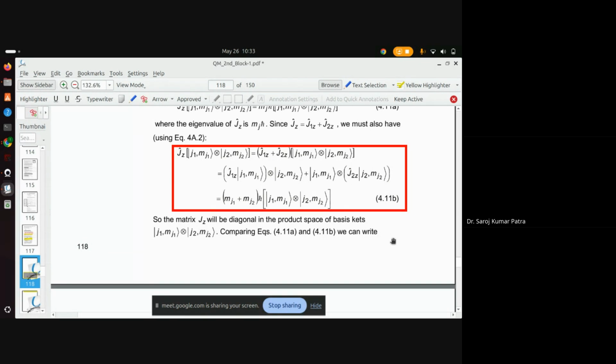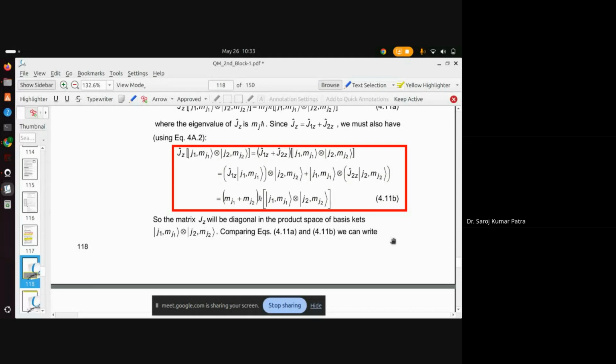All right. तो j square का वैल्यू क्या होगा, आइगन वैल्यू क्या होगा, j into j plus 1 h cross square, right. और z कंपोनेंट का वैल्यू क्या होगा, mj h cross, right.